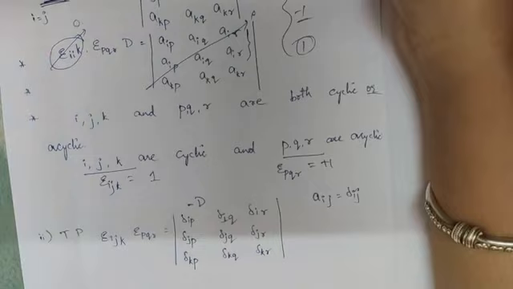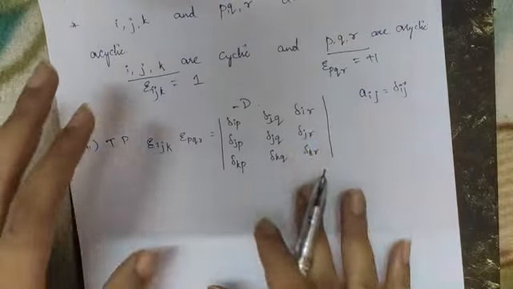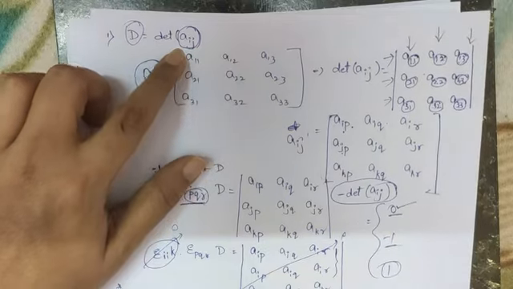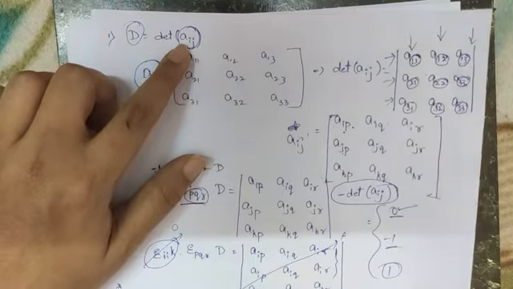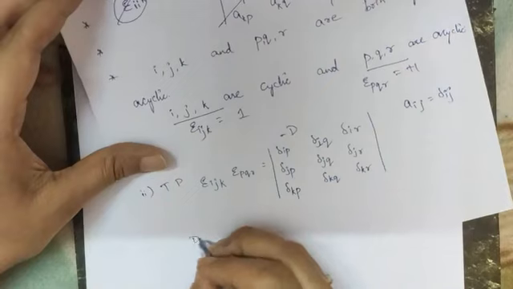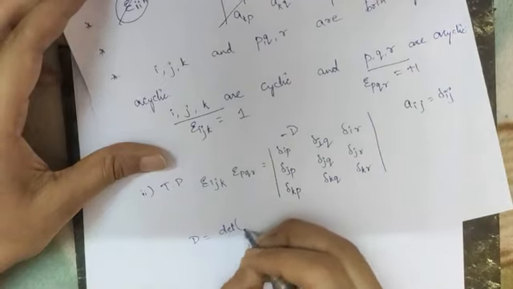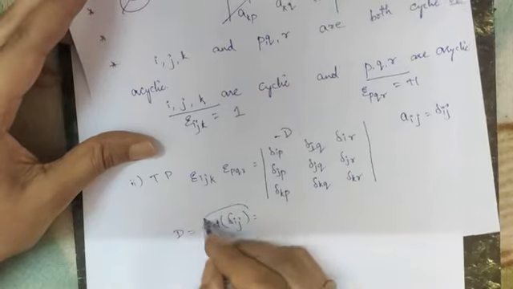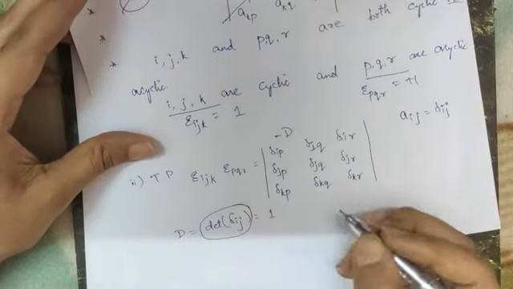That's it. Okay. Now, since D is equal to determinant of Aij, this will become determinant of delta Ij. So D is equal to determinant of delta Ij. We know that the determinant of delta Ij value is 1.